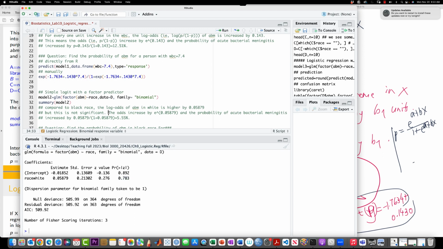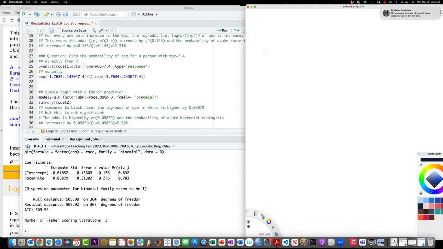So how do we interpret this? That interpretation is for the log odds. But how about for the odds? What we see here is the log odds.